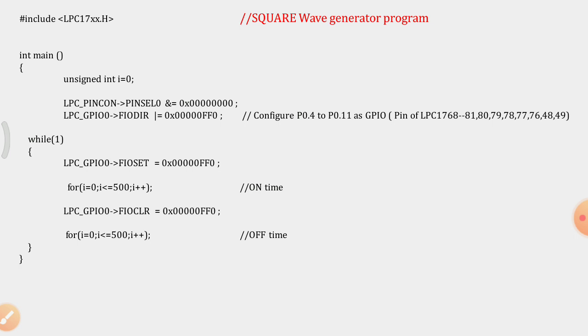If it is 1, it will work as an output; if it is 0, it will work as an input. So here we are making it 1 from bit 4 to bit 11, so P0.4 to P0.11 will work as the output port.